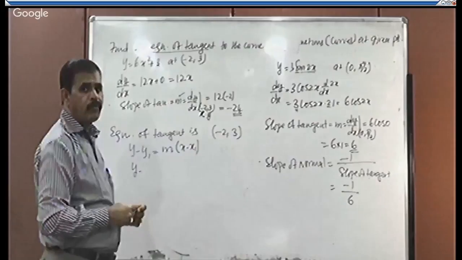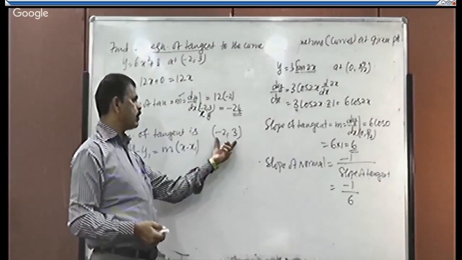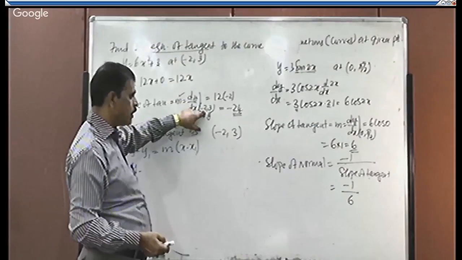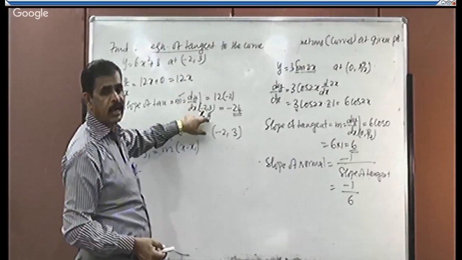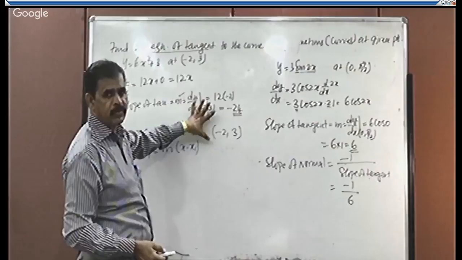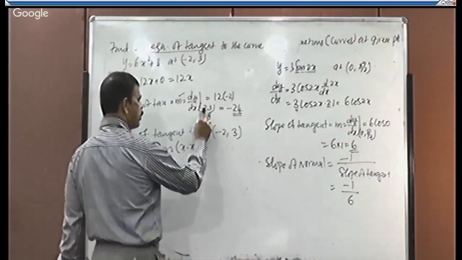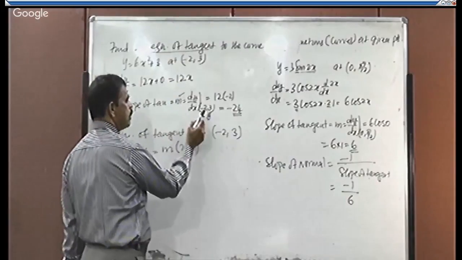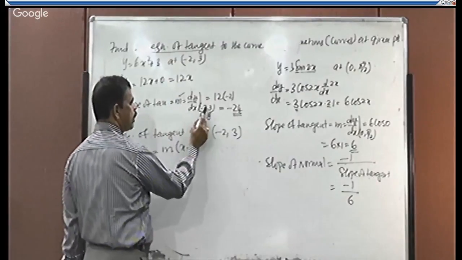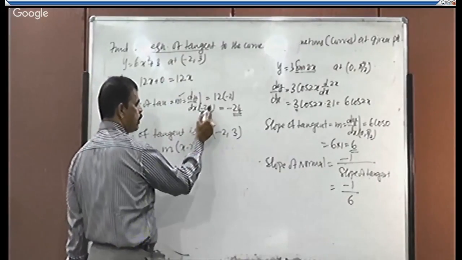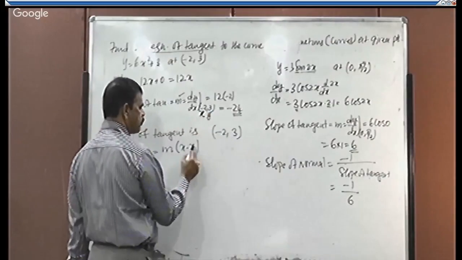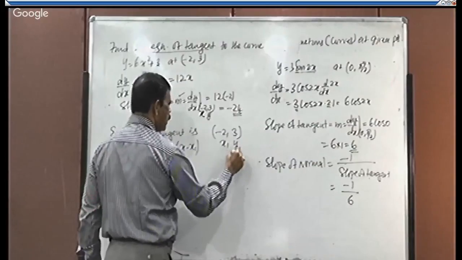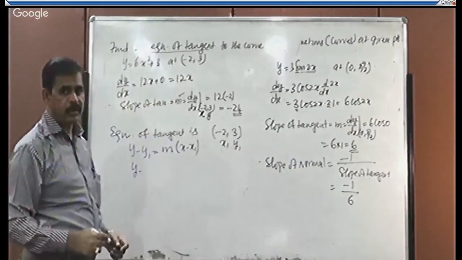While finding the slope, the same point is considered as x and y. Don't get confused here. In getting slope of tangent, we use it as x y. The same point is used as x1 y1 while getting the equation of tangent and normal.